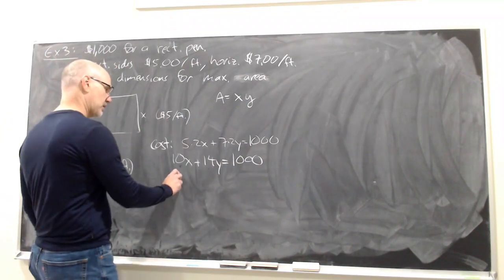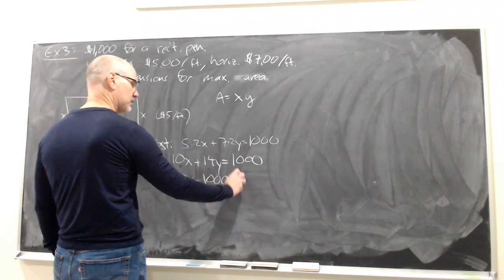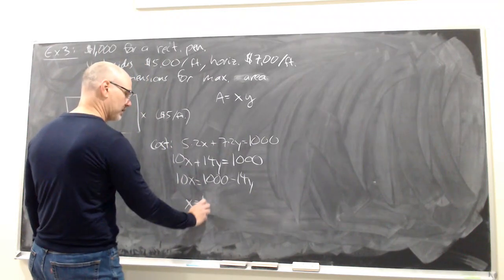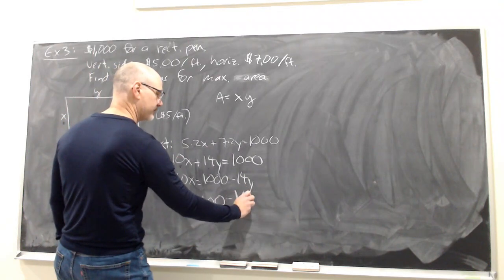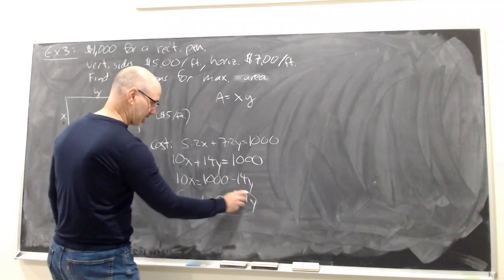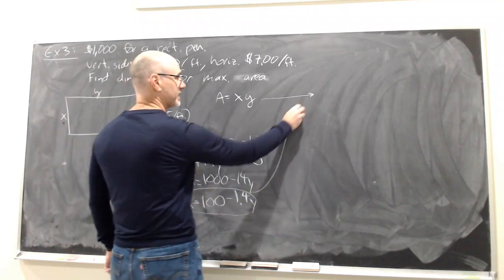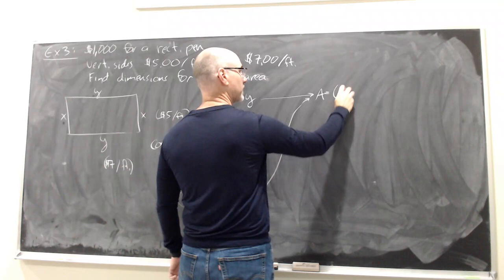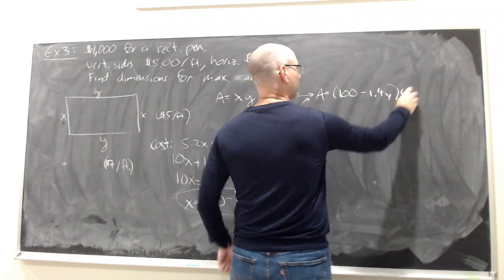If I solve for x, I get 1,000 minus 14y, and then if I divide by 10, I get a nice even 100 minus 1.4y. So this gives me x in terms of y, and I can now put that into my target. So this is 100 minus 1.4y times y.